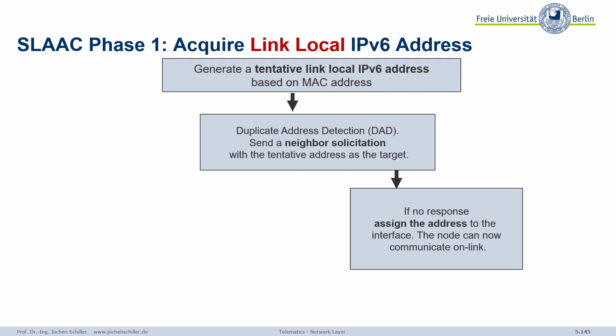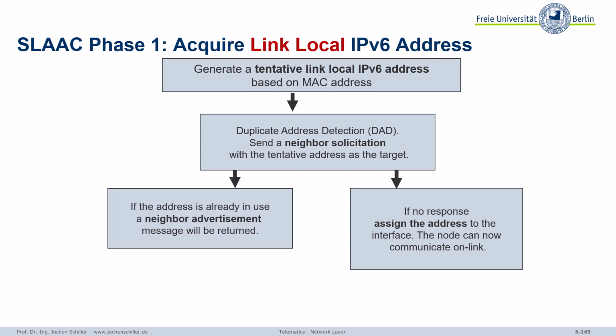So this is a way of, first of all, finding out a link local address so we can operate already in our link using IP and all mechanisms based on IP. Without the IP address, we cannot use any higher layer protocols. If we have an IP address, then we can use all the higher layer protocols, so TCP and this and that. Okay, only in the local link, but that's fine for now.